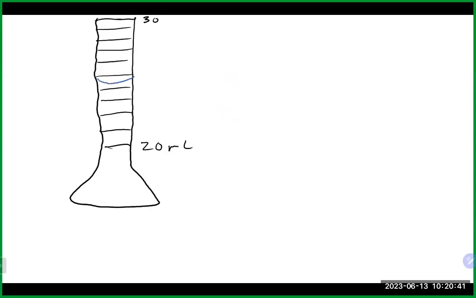All right, so when we read a volume of a liquid in a glass container, first off, we always see this kind of curvature of the liquid. That is what is known as the meniscus. It is curved because, as we will learn, the attractive forces between the liquid and the glass are stronger than the attractive forces between the liquid and itself.